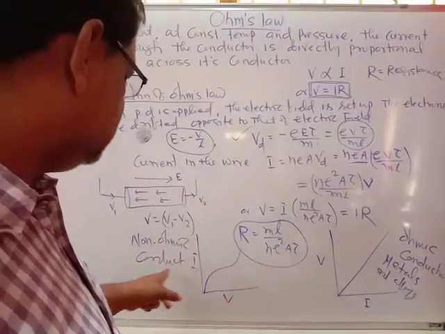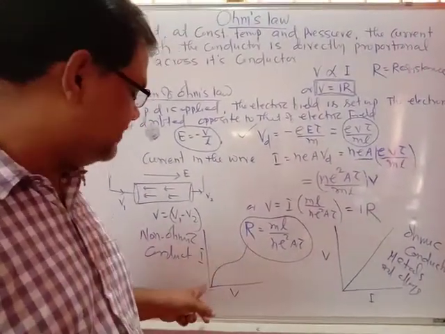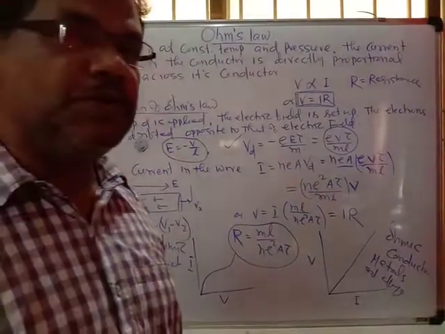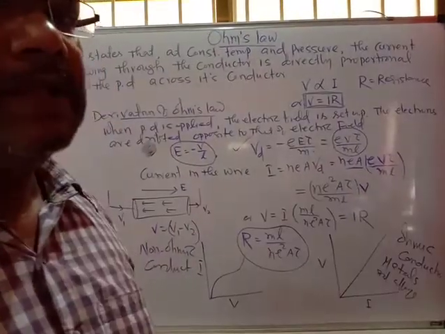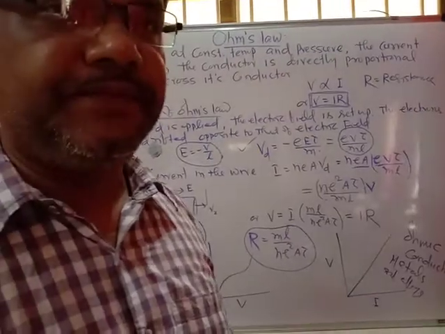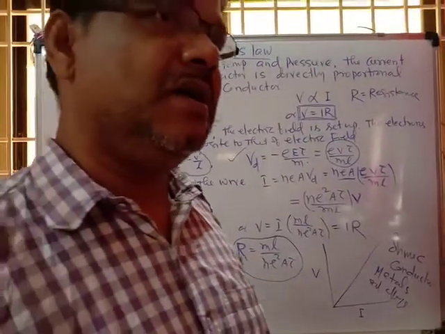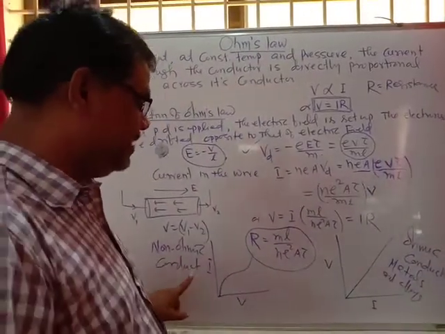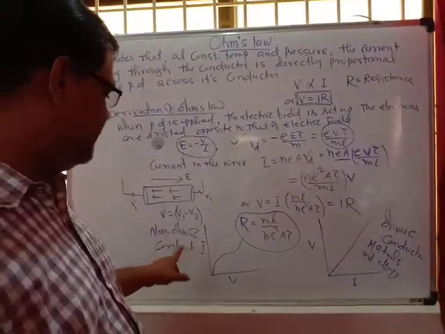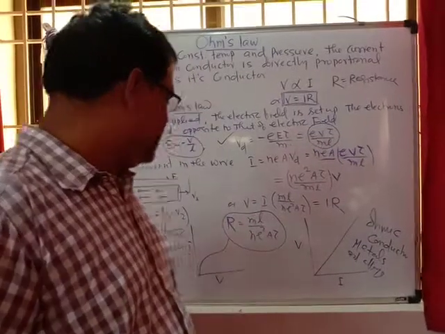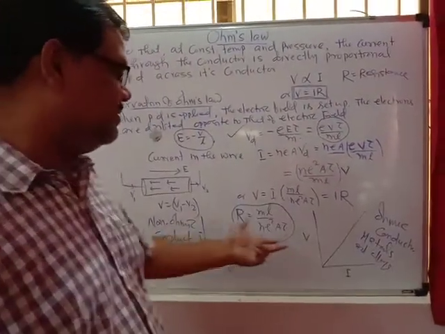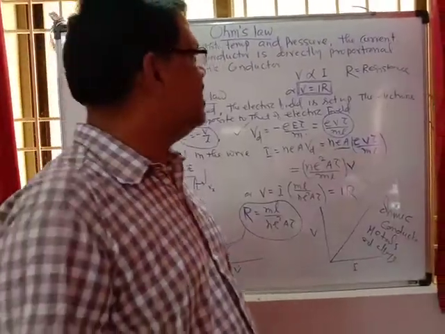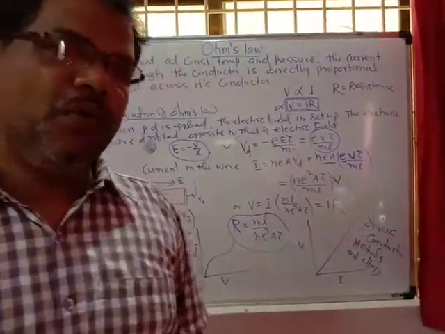The graph is not a straight line for the non-ohmic conductor, the conductor which doesn't obey Ohm's law. That comes into the category of gases and semiconductors. These are the non-ohmic conductors. So the VI graph or IV graph is for the ohmic conductor, and this is for the non-ohmic conductor. And this is all about your Ohm's law.